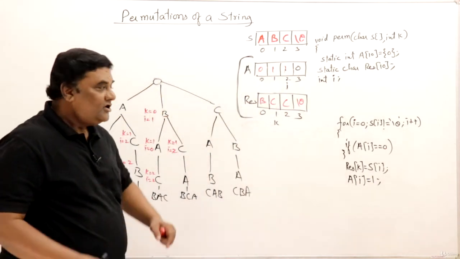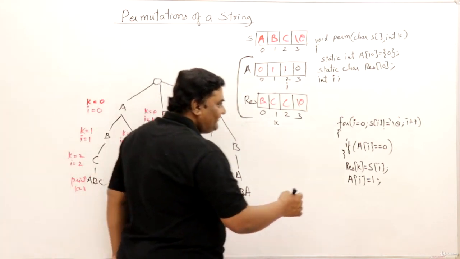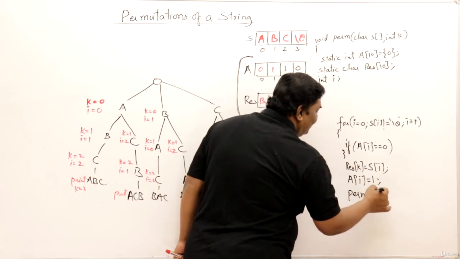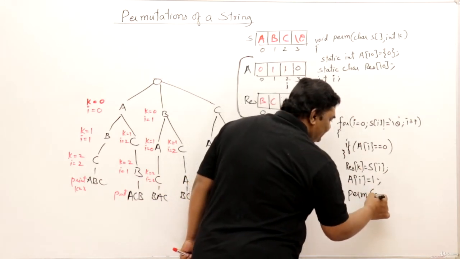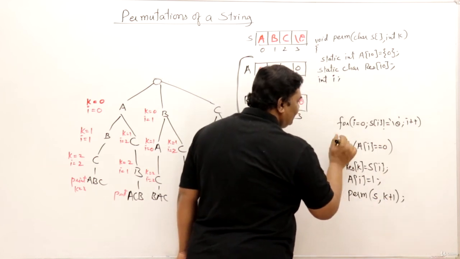The next step is to call itself again with the next value of K. I am calling the function name perm, P-E-R-M, permutation. So S, the string, is as it is, but K plus 1. So this will call itself.